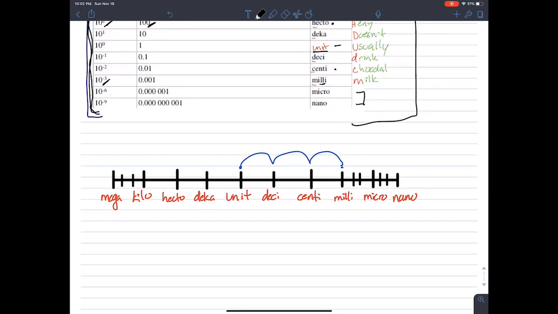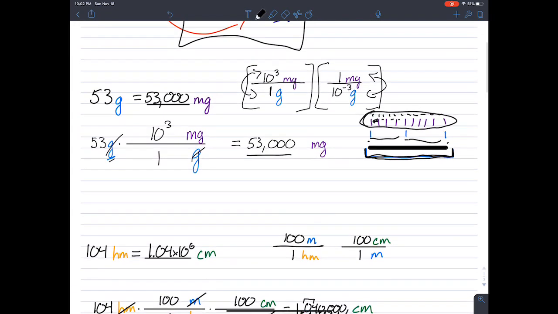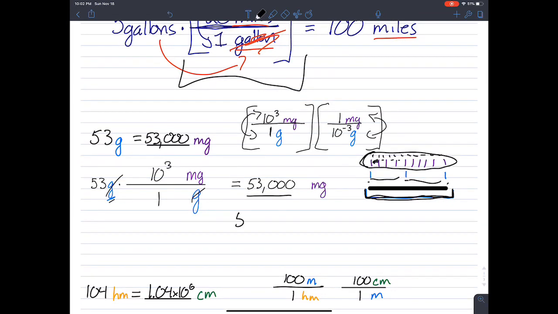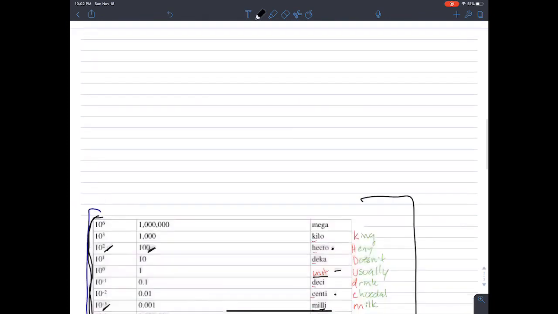Okay, so another thing to think about is this down here that should look pretty similar to what you got in your notes way back when. So you can always just move the decimal, right? So if you have 53 grams like we had right here, and you know you're going to milligrams, you can always move the decimal. The decimal's right here. You can go 1, 2, 3, decimal here now, 1, 2, 3 zeros, 53,000.